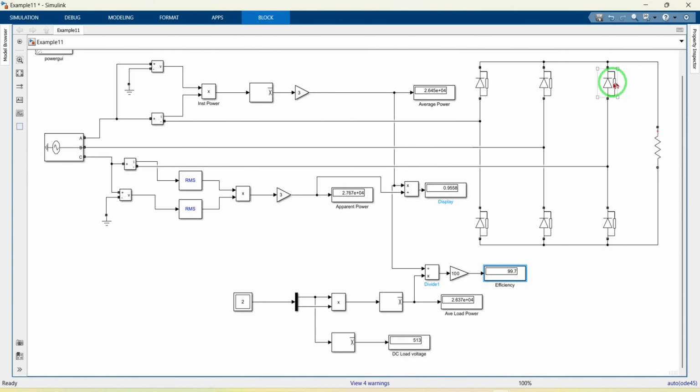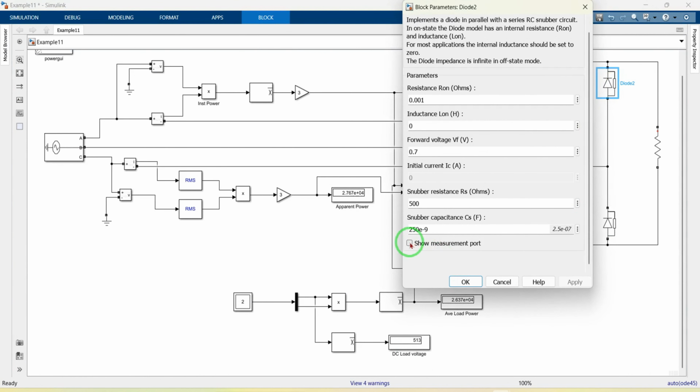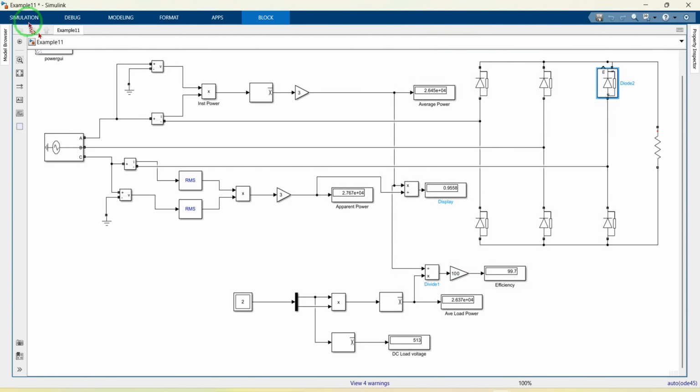Next, we will measure the conduction loss across one diode. Open a diode block and enable the measurement port. Add a demux block from the library.